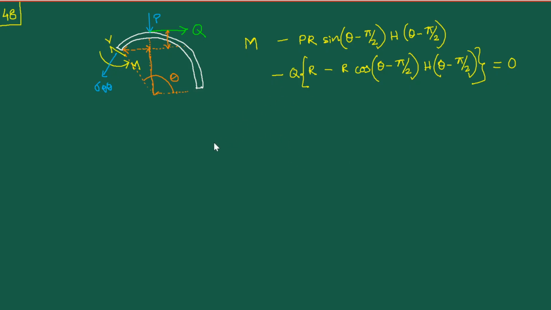So just like before, for the horizontal deflection, delta H, where the H subscript stands for the horizontal deflection, it should be del U del Q, evaluated at Q equal to 0.